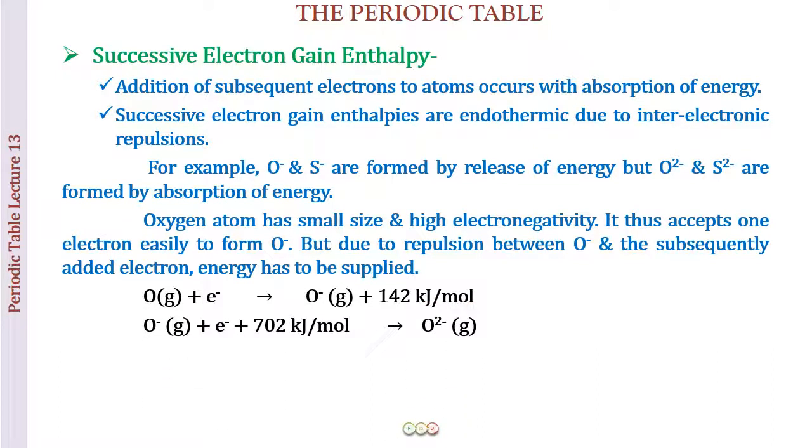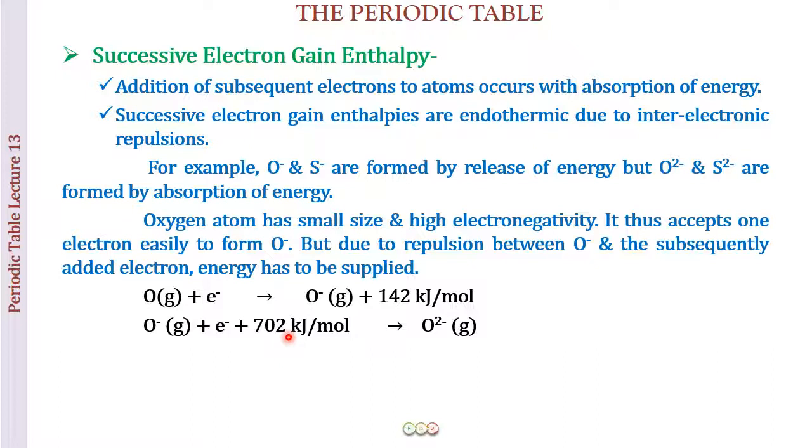But what we see is when we now want to add an electron to this O negative ion, we have to supply 702 kilojoule per mole energy to form the O2 negative ion. So first of all, the energy was being released, and now to add the second electron, we have to add in more energy.